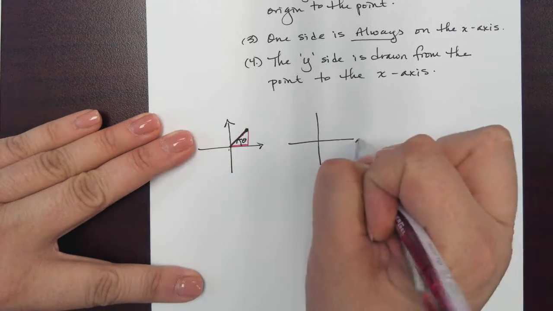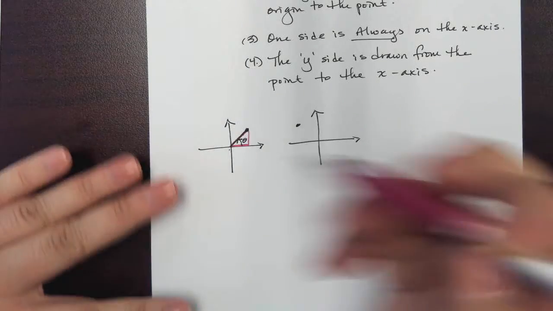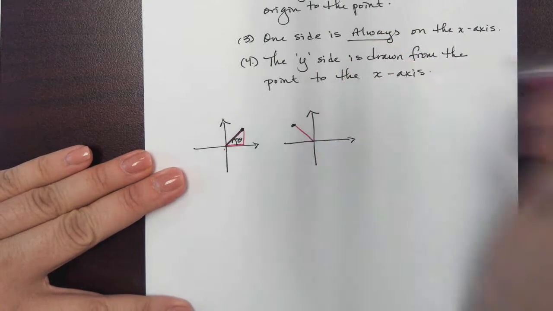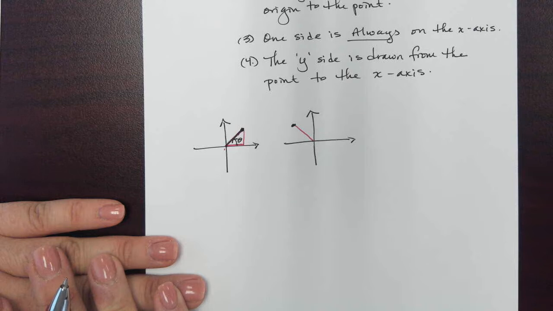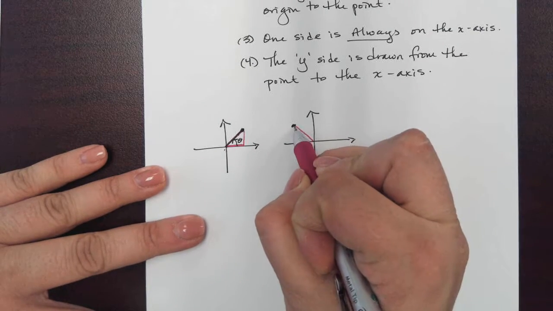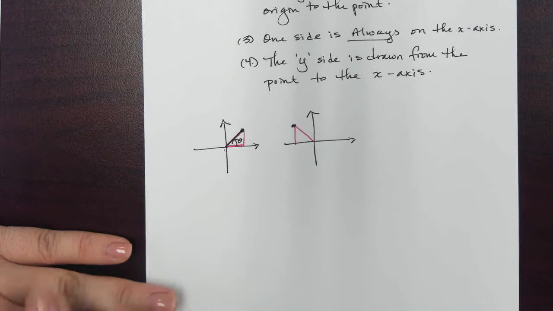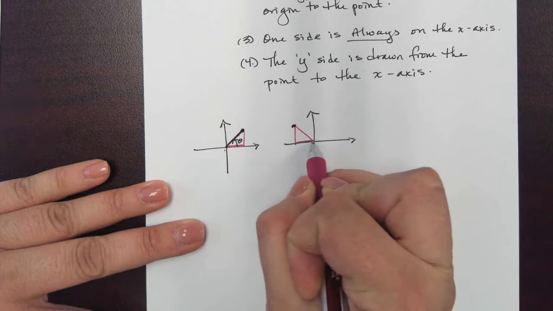If I have a point in quadrant 2, my hypotenuse is from the origin to the point. I'm going to drop my y side down to the x-axis, and then my third side is here.